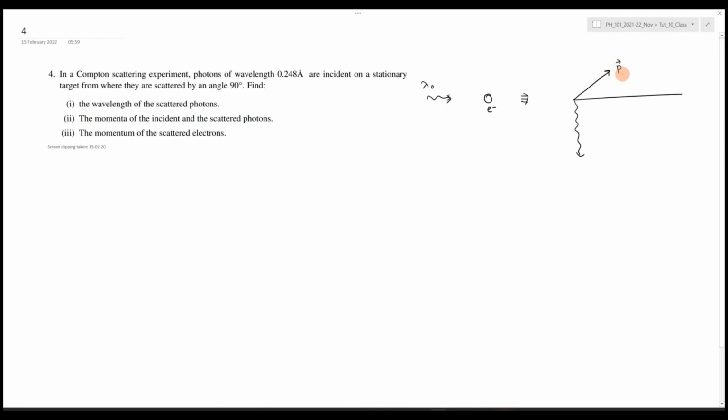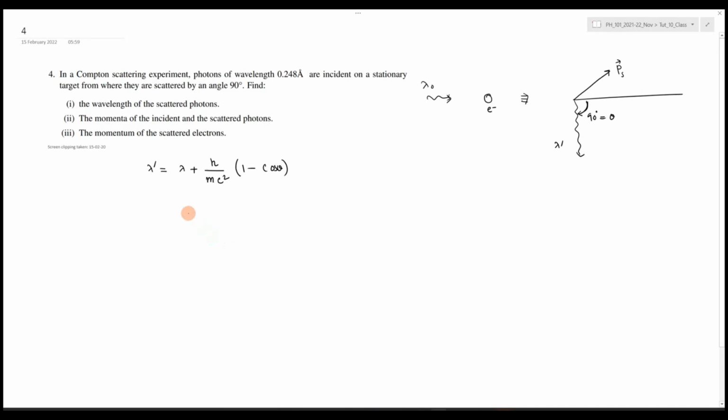This angle is 90 degrees, and suppose this wavelength is lambda prime. Then from the Compton scattering experiment, we know that lambda prime is equal to lambda 0 plus h by m c, times 1 minus cos theta.